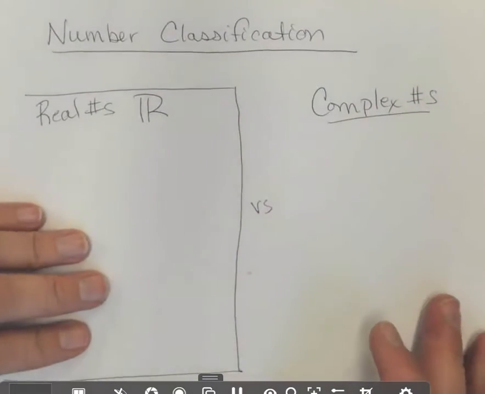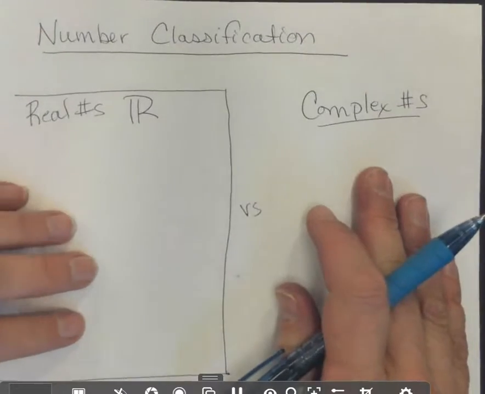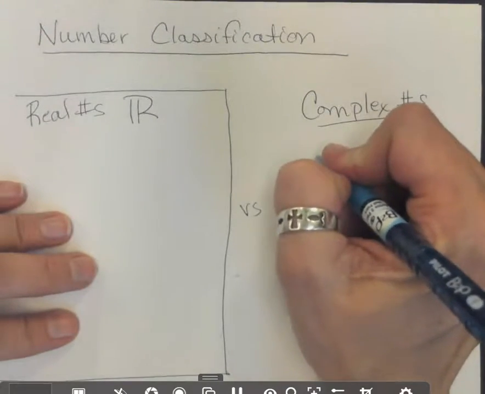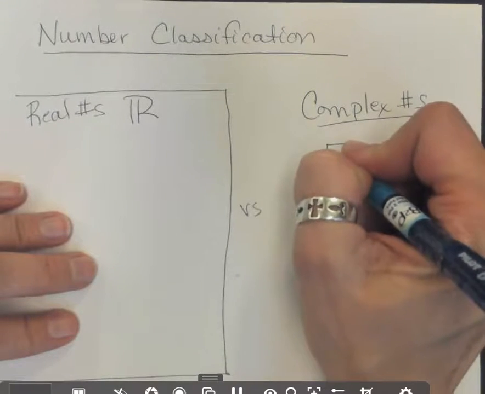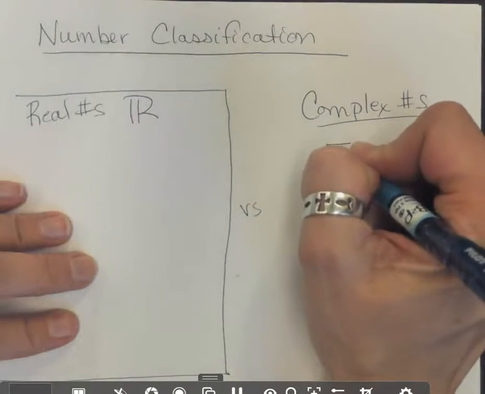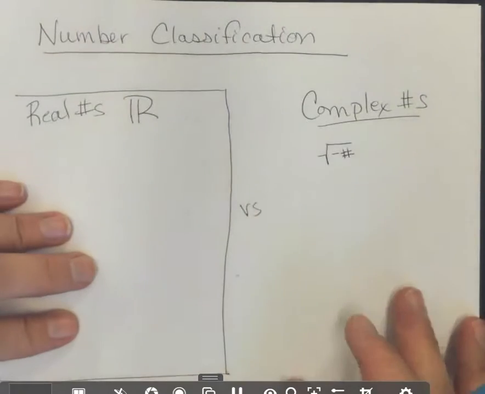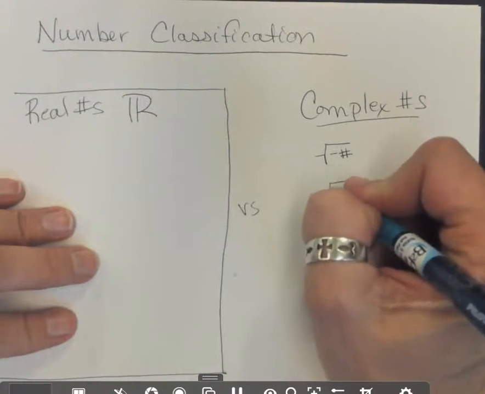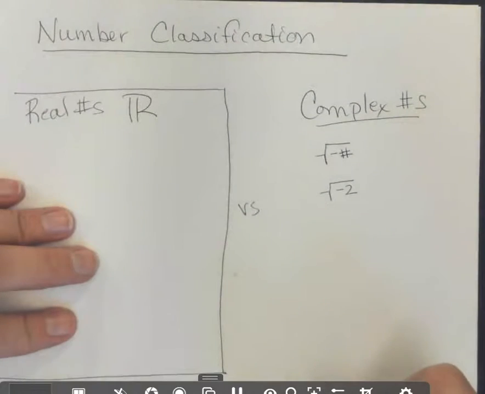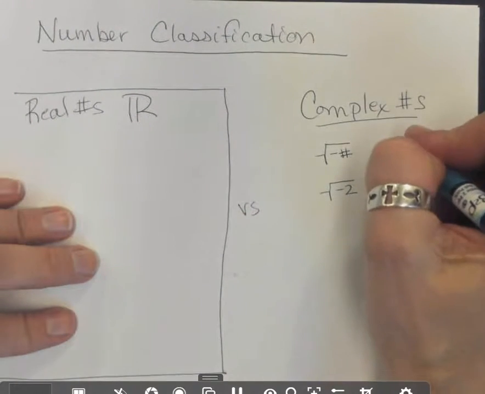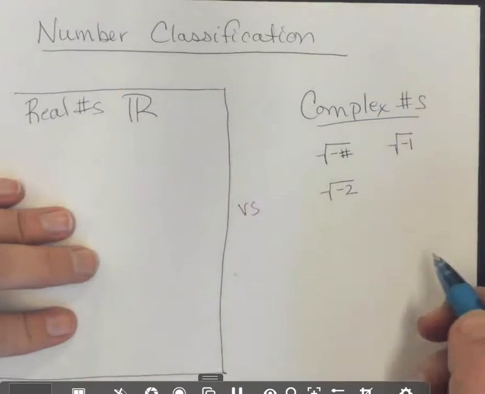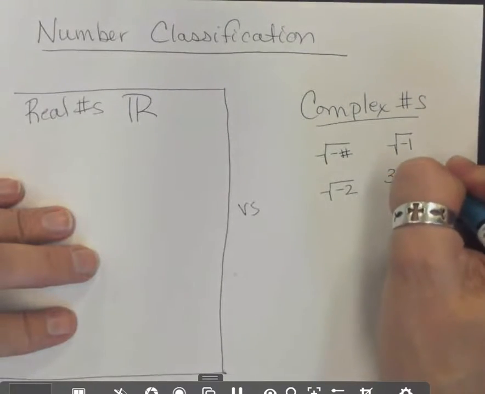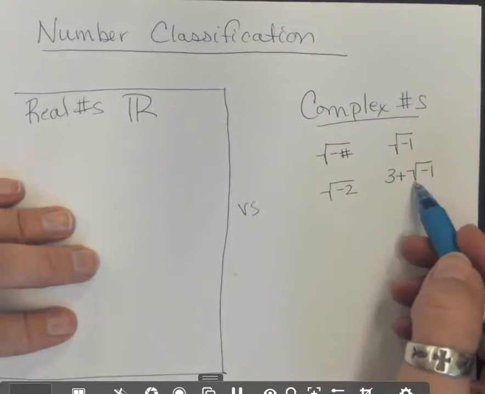So an example of a complex number is anything that would have the square root of a negative number. That would be a complex number. So if I have the square root of negative 2, the square root of negative 1, or 3 plus the square root of negative 1.